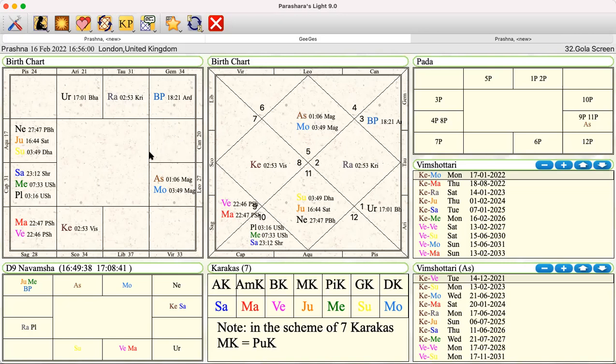This is how the system of Vimshottari Dasha, Mahadashas, which are planetary periods, works.